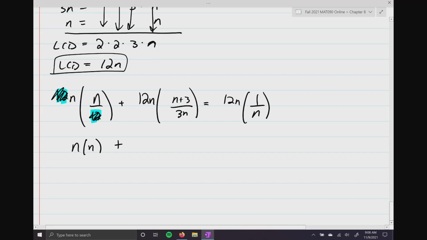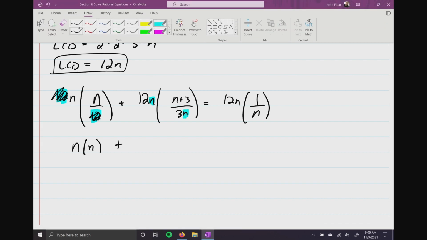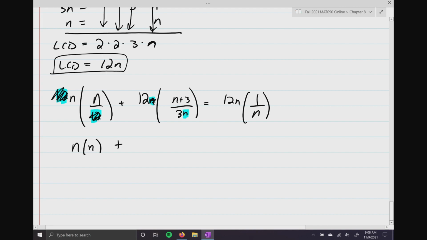Now, I got an n in the numerator, n in the denominator. So I know they're going to reduce. And then 12 divided by 3 is 4. So I write a 4 out front. And I write the n plus 3, which is my numerator, left over. Equals.